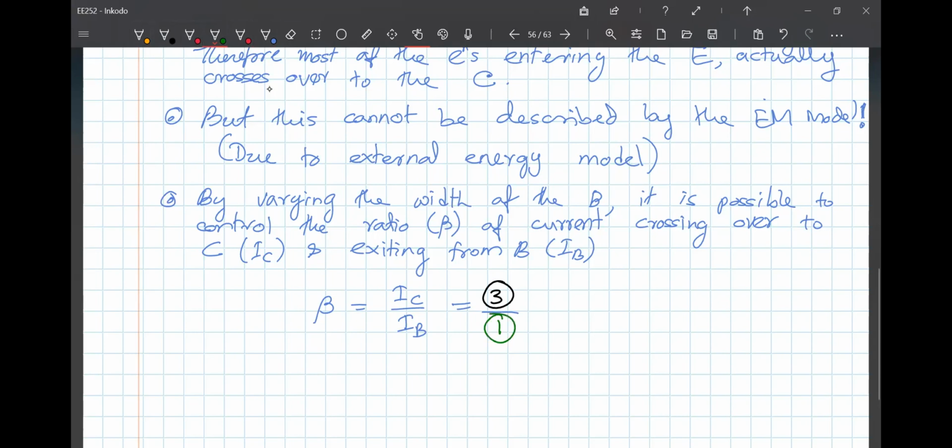This is also marked as, sometimes we call this, HFE. We will see later what this is. So this equation gives you, just like the Ebers-Moll equation gives you the drift behavior, this basically captures the external energy model. This is the external energy model.